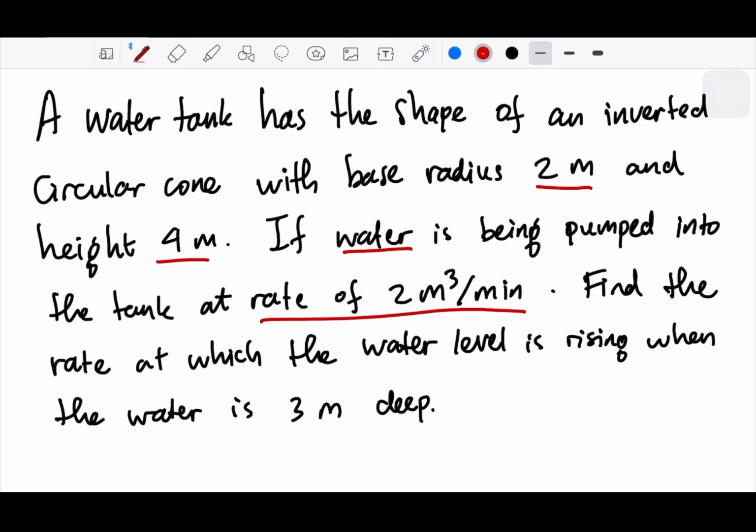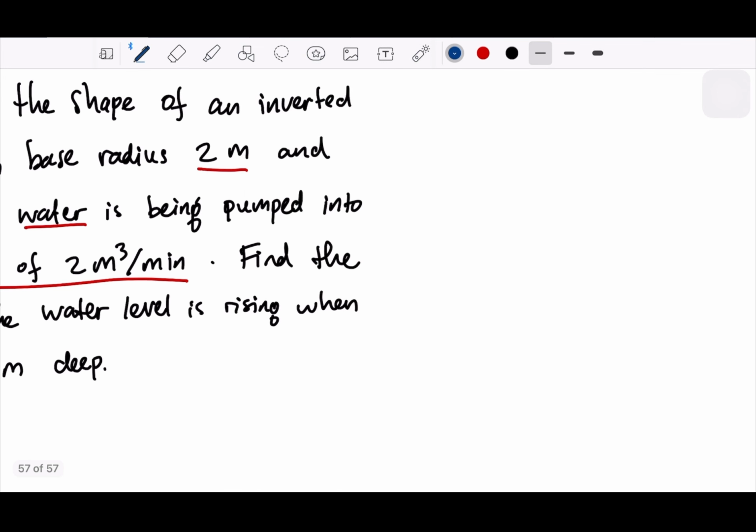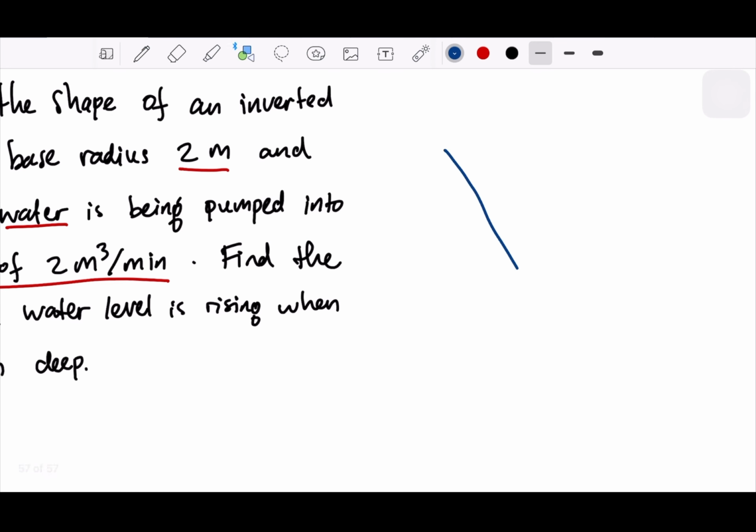Okay, so if this seems not really obvious, then maybe you can draw the cone first. You can draw the cone and name the variables first. Name the variables, and you will know what your goal is. So the inverted shape will be, okay, let's say that's our inverted cone.